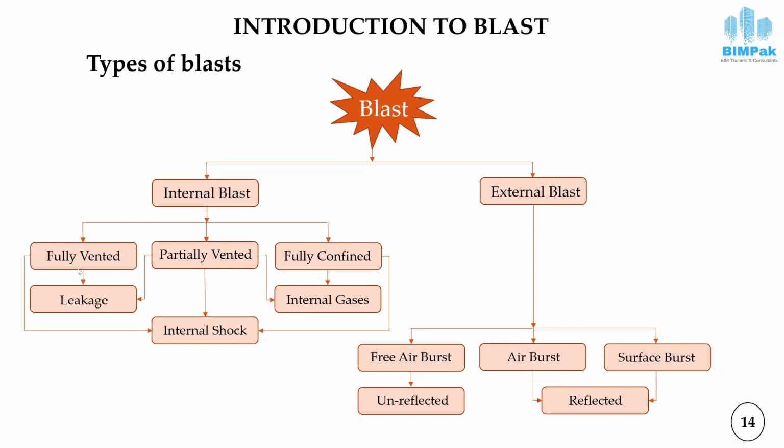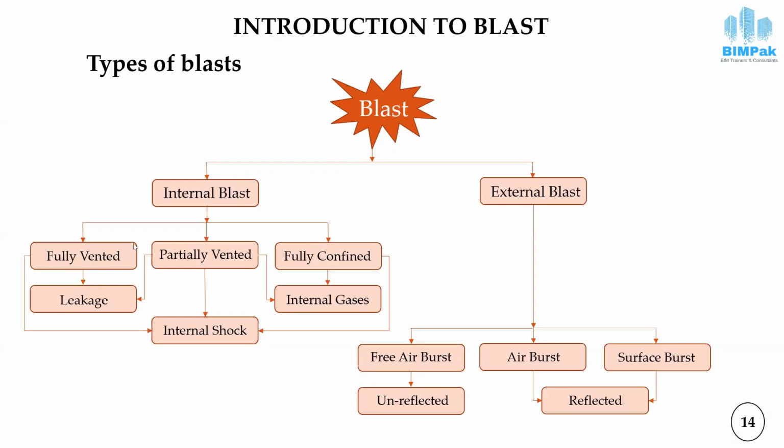In case of fully vented, some of the energy is converted into internal shock, and some portion of the energy will be released to the atmosphere in the form of leakages. In case of partially vented blast, some part of the energy will be released to the atmosphere, and some will take part in the creation of internal shock wave, and it will also result in creating internal gases inside the building.